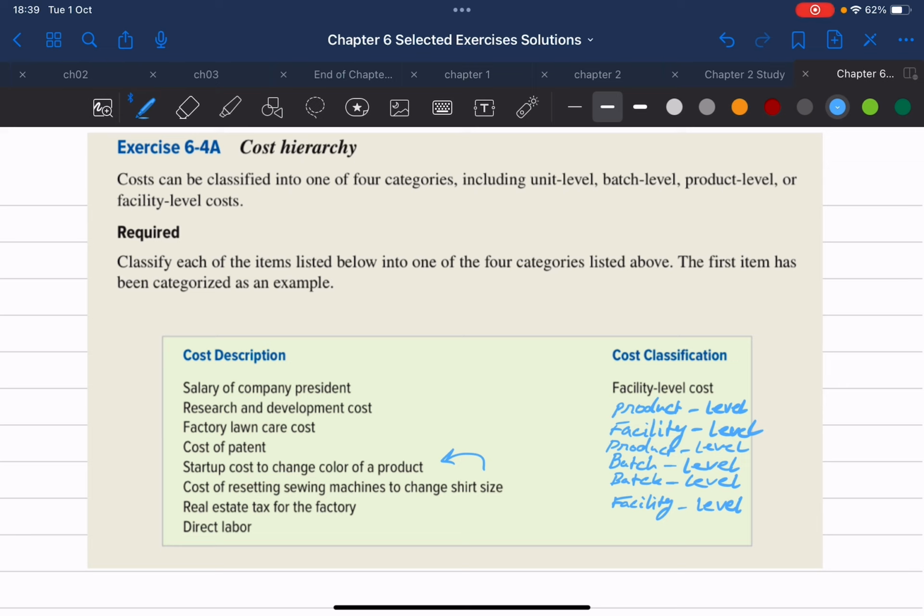Finally, direct labor. Direct labor, if you guys remember from our classifications of manufacturing costs, we broke it down into direct materials, direct labor, and manufacturing overheads. So direct labor is the cost of labor that is associated by definition with producing 1 unit of product, right?